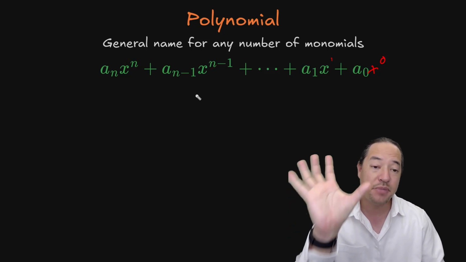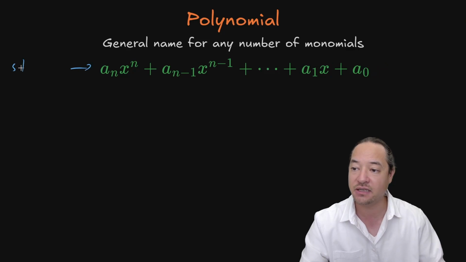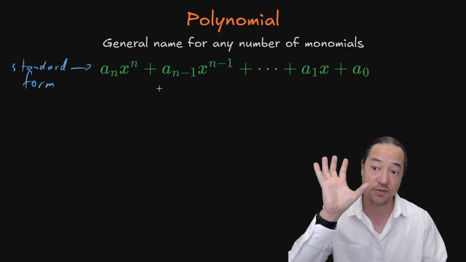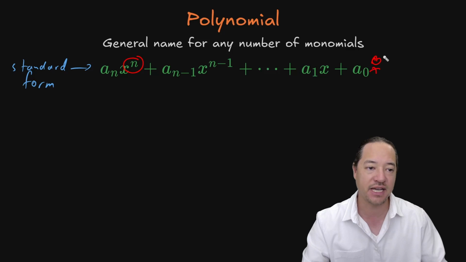So you go from biggest power to smallest power. And if you do that, then this would be written in standard form. Standard form takes a polynomial and goes from the biggest power to the smallest power, which would be x to the 0 here.